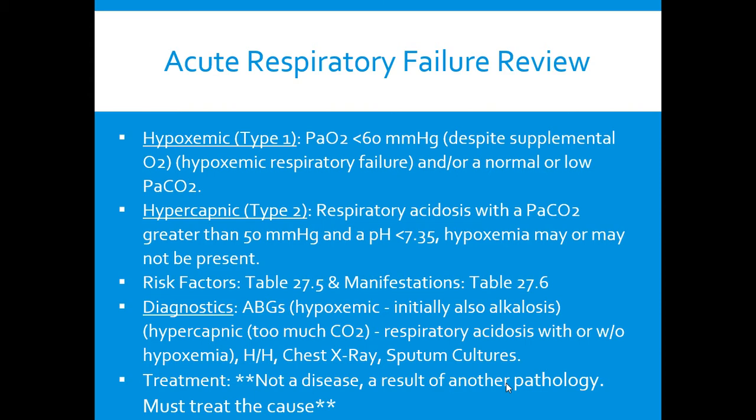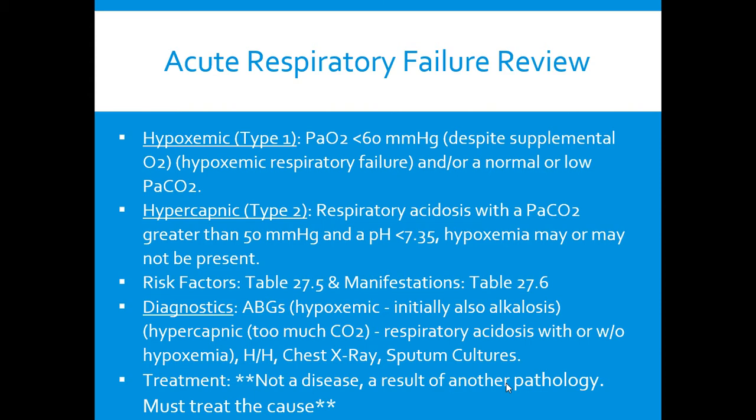There is impaired ventilation because there's reduced ability of the lungs to adequately expand, causing hypoventilation. Air movement is minimal, and the elimination of CO2 does not take place adequately. Make sure you review the risk factors for acute respiratory failure on Table 27.5, page 499, and review clinical manifestations on page 500, Table 27.6.